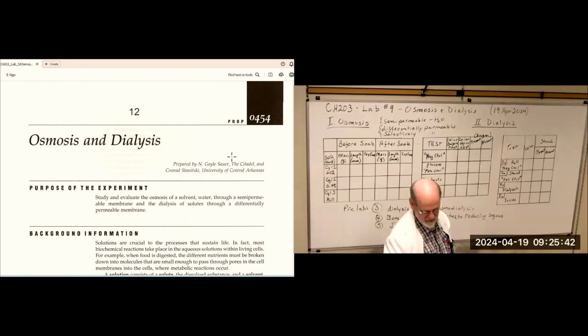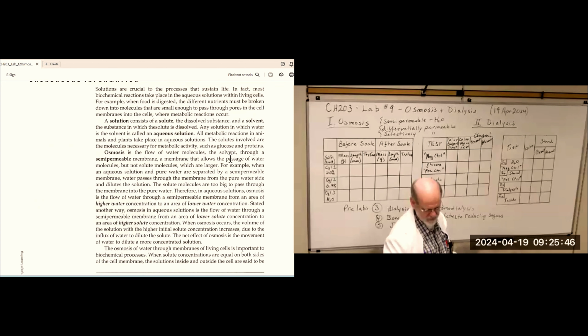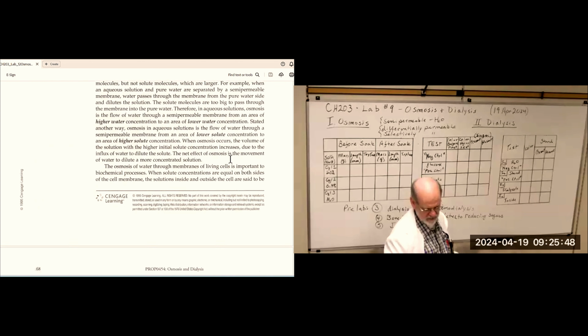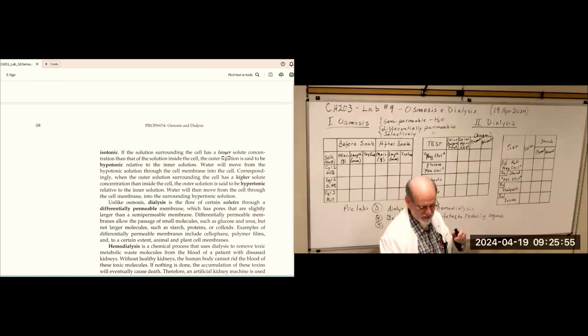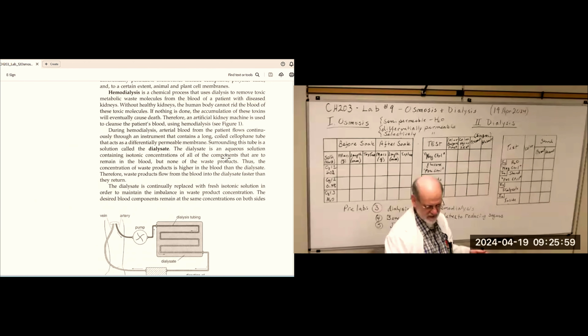So let's see. I've covered some of this already. We already know about solutions, difference between semi-permeable and differentially permeable, isotonic, hypotonic, hypertonic, what's dialysis, what's hemodialysis. The dialysate is the solution outside the tubing that accumulates the toxins.